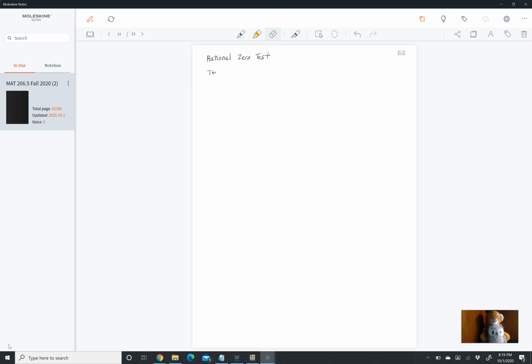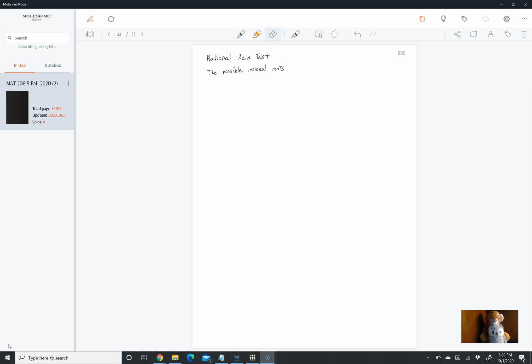The possible zeros, possible rational roots. So this won't find all of the roots. In other words, it does not tell us if we have irrational roots. It does not tell us if we have imaginary roots. So this is very limited.